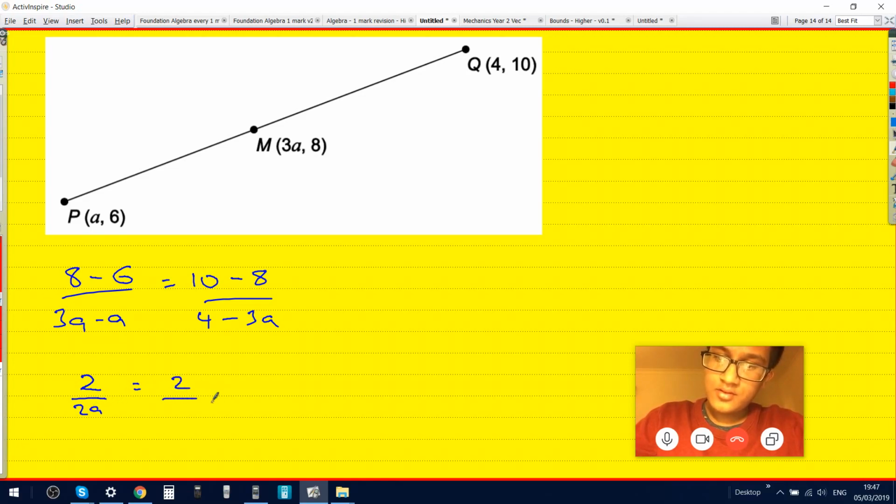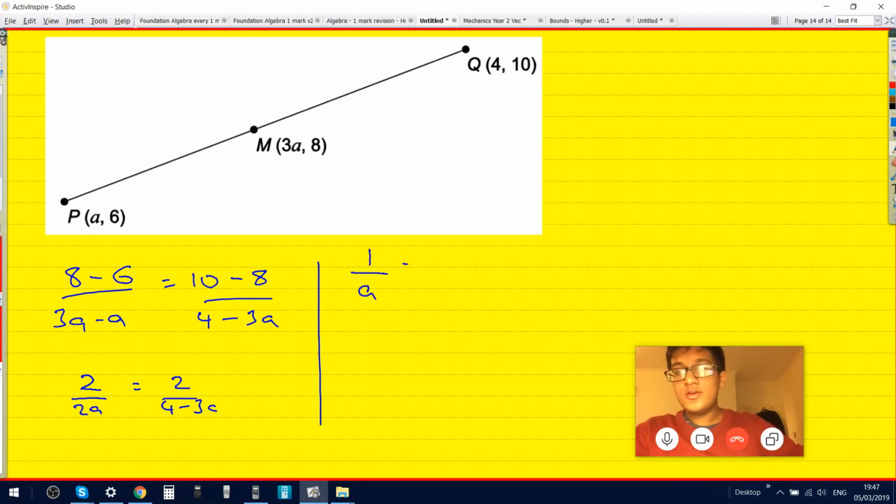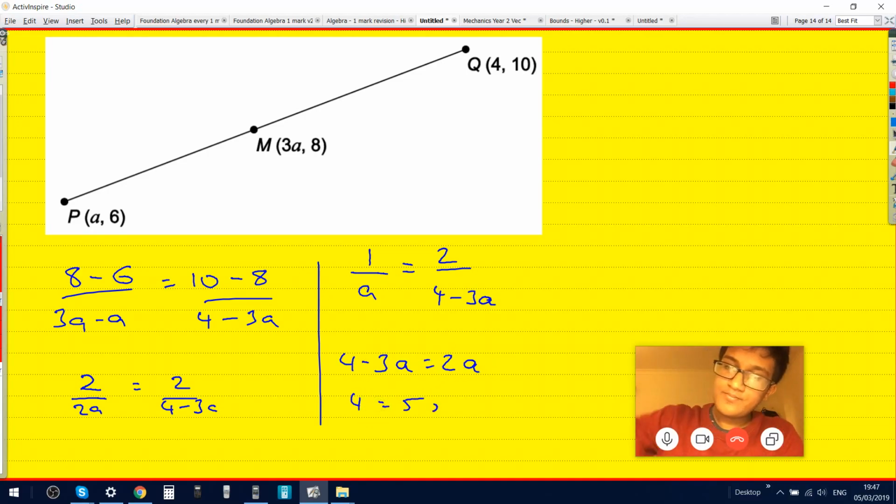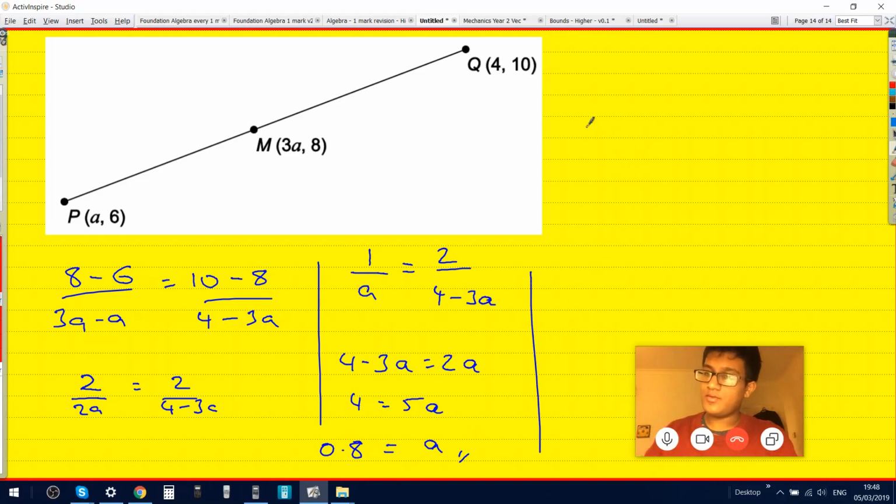You already said that earlier: 2a over a is 1 over a? Yeah, sorry. So 1 over a equals 2 over 4 minus 3a. So you've got 4 minus 3a is equal to 2a. 4 equals 5a. Therefore, a equals 4 over 5. Yeah, 0.8. Both correct.